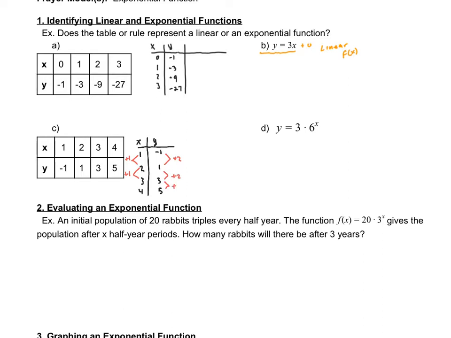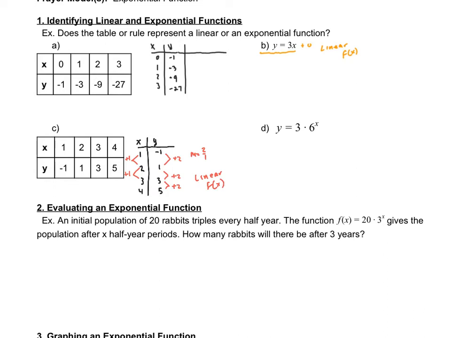So what I see here is a constant rate of change, or my slope is going to be 2 over 1. So it looks like it's a linear function. So again, we have a constant rate of change, so that is also going to be a linear function.